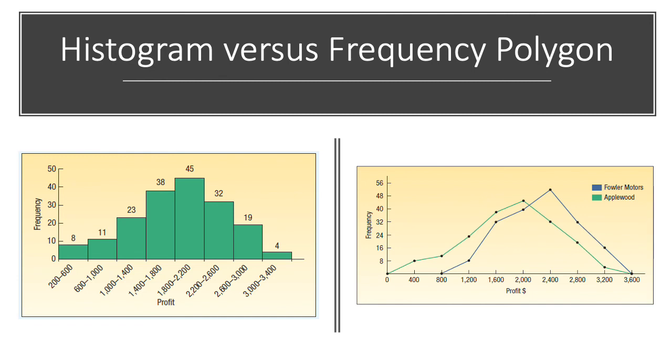Now, what else do we notice? This is potentially a little more symmetrical than our Applewood data set. And most importantly, the center, or the average, is higher for Fowler Motors than Applewood. We can definitely say that Fowler Motors is more profitable than Applewood in this case.